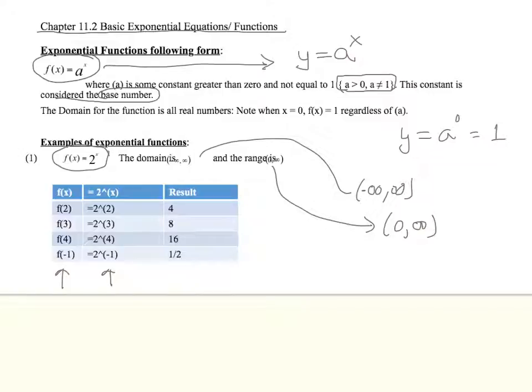f of 2 is 2 raised to the second power, which is 4. f of 3 is equal to 2 raised to the third power, which is 8. f of 4 is equal to 2 raised to the fourth power, which is 16. And f of minus 1 is equal to 2 raised to the minus 1 power, which is 1/2.